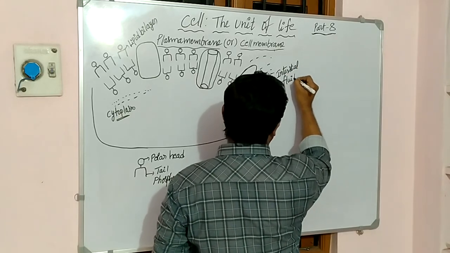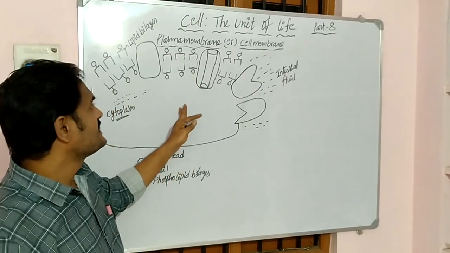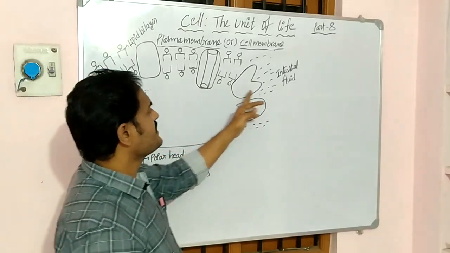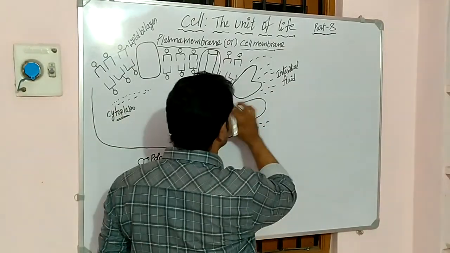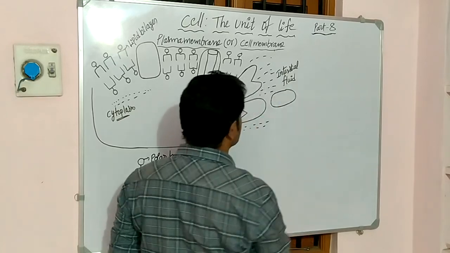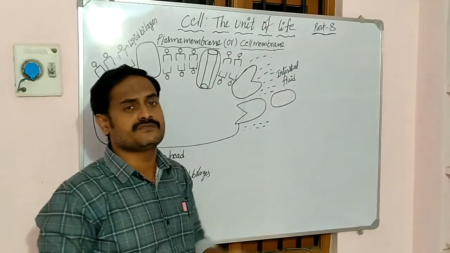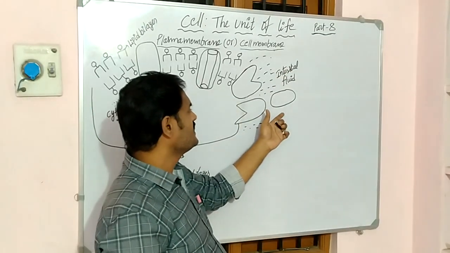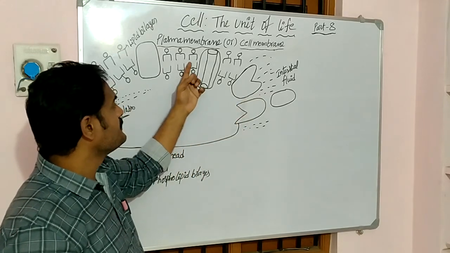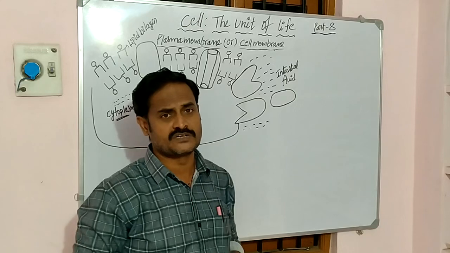Interstitial fluid. See, the proteins are present in the plasma membrane as well as outside of the plasma membrane. Here also some proteins are present. Outside of the plasma membrane, in the interstitial fluid, and also in between the plasma membrane, there are some proteins.